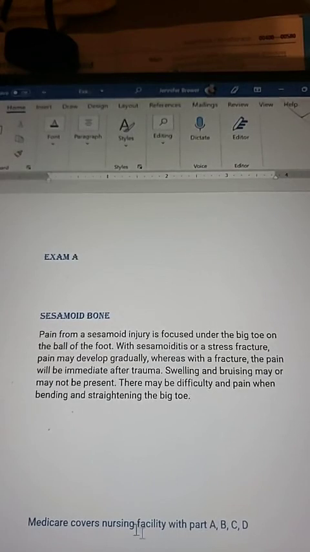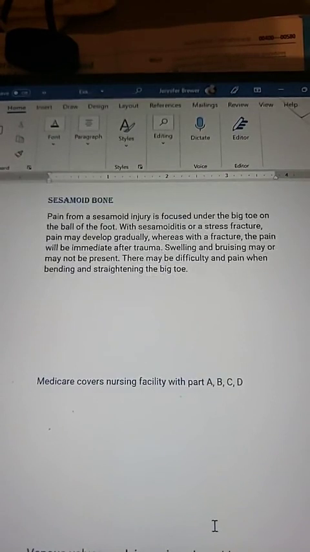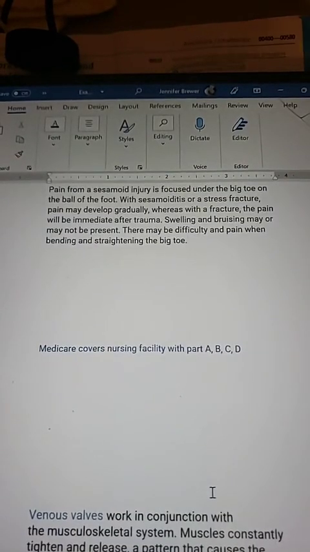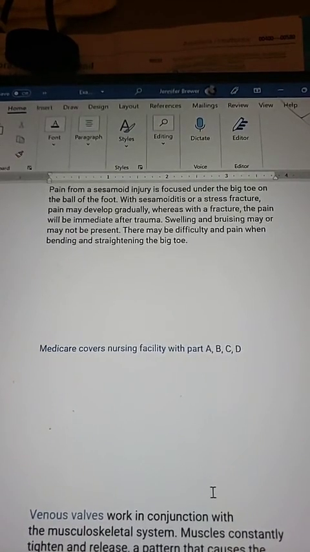Of course, our famous question of what Medicare covers in Part A, B, C, and D. Be sure you have those listed out in the front section of your CPT book. I say put it in front of the E&M section.